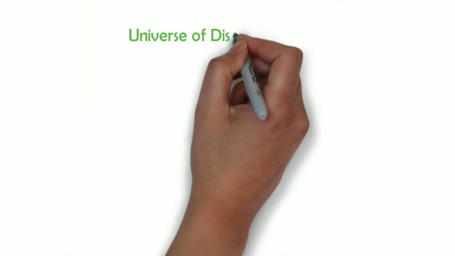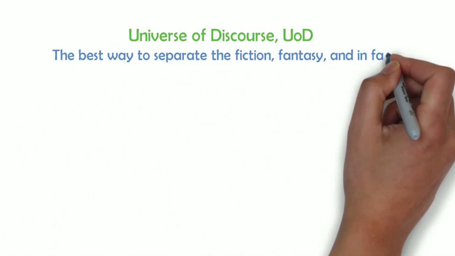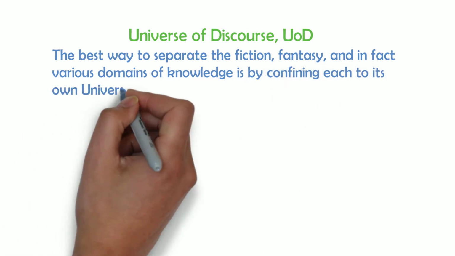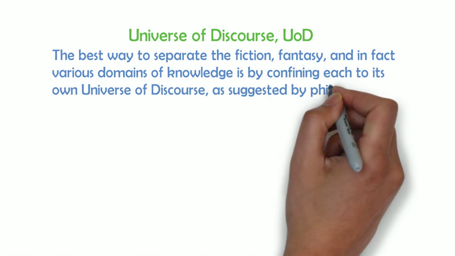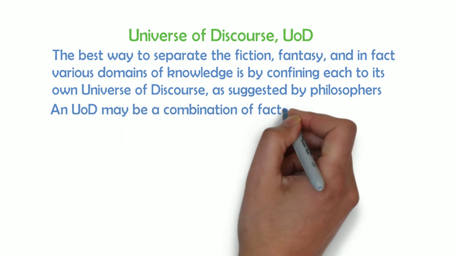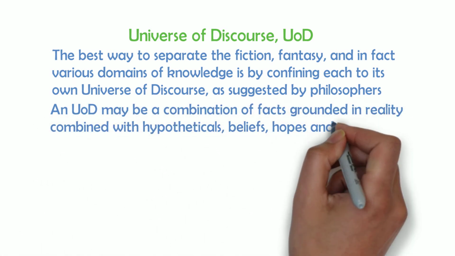Universe of Discourse, UOD. The best way to separate the fiction, fantasy, and in fact various domains of knowledge is by confining each to its own universe of discourse, as suggested by philosophers. A UOD may be a combination of facts grounded in reality combined with hypotheticals, beliefs, hopes and wishes as well.